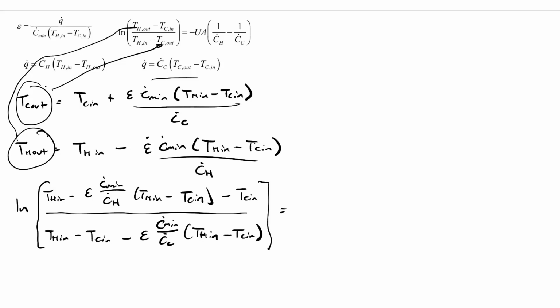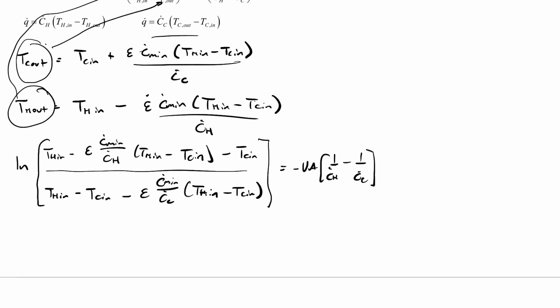Okay, and then that's equal to what's on the right-hand side, minus UA times 1 over C dot H minus 1 over C dot C. Okay, so kind of messy, but there's some stuff we can do here. We can group together the TH in and TC in terms, cancel some of that stuff out, and rewrite it a little bit here.